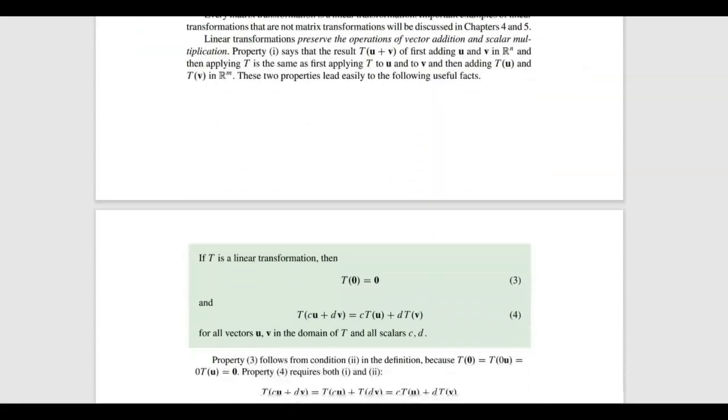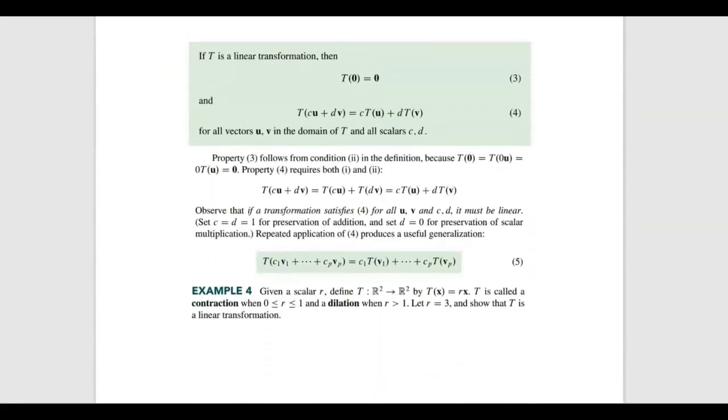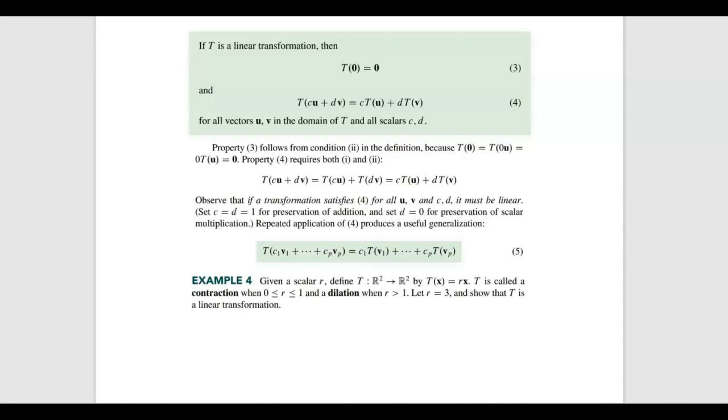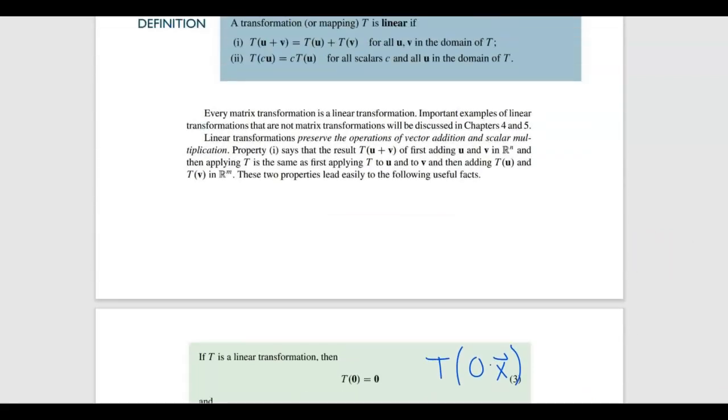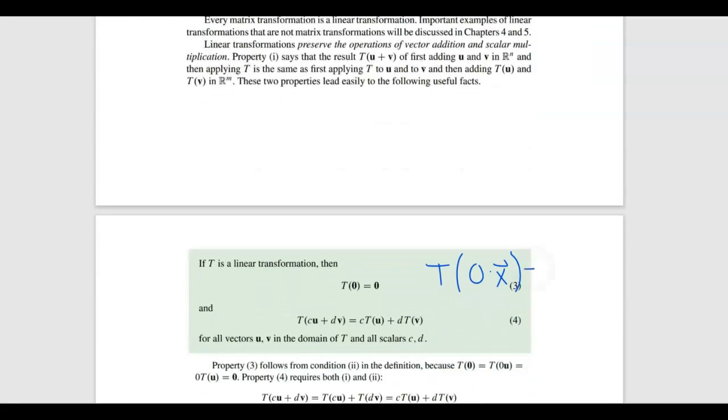So let's go ahead and look at this one here. If T is a linear transformation, then it must be true that T of the zero vector is 0. The reason is that if you had anything else inside of there, like 0 times x, then based on this scalar multiple rule right here, I should be able to take that outside.